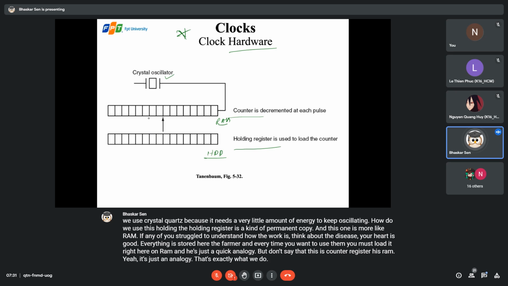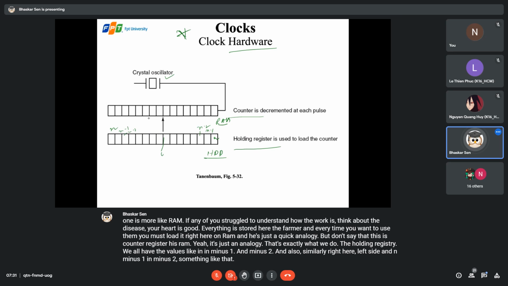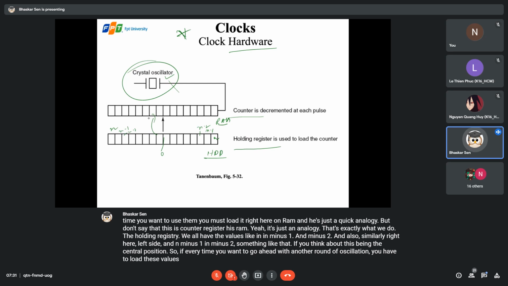And that's exactly what we do. In the holding register, we have values like n-1, n-2, and similarly on the left side, n-1, n-2, something like that. If you think about this being the central position, every time you want to go ahead with another round of oscillation, you have to load these values straight into the counter, and then get the oscillator started.